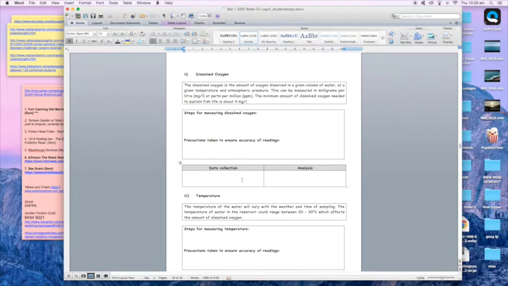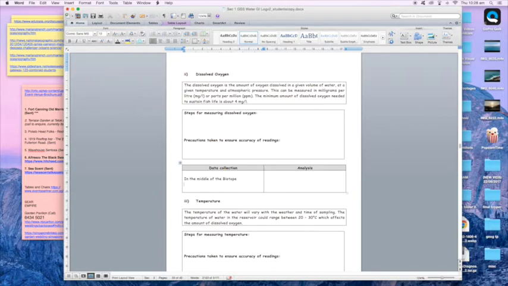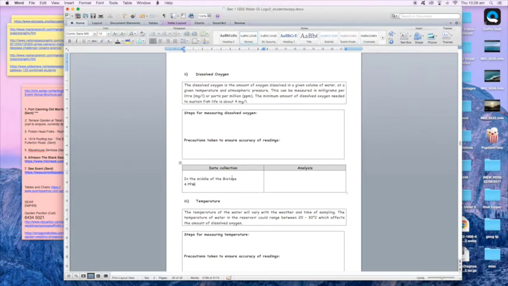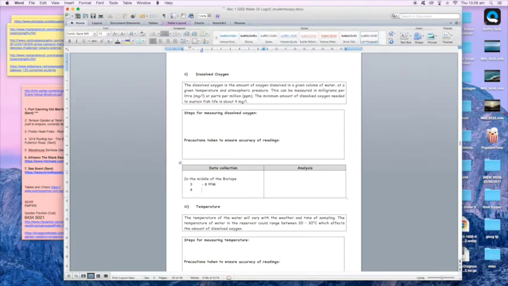So for dissolved oxygen, if you have taken it in the middle of the biotope, let's say your range is between 4 ppm and 8 ppm.